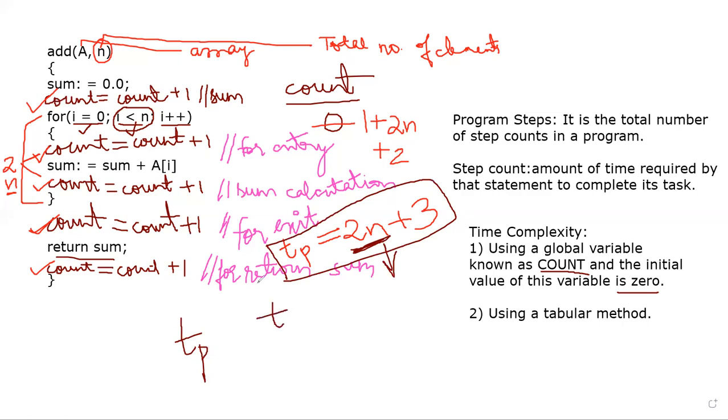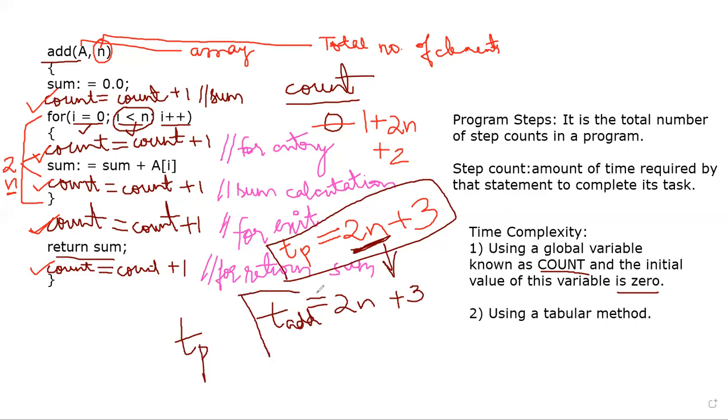For our program, what is the name of our program? It was add. So you can write t of add, t with subscript add, equal to 2n plus 3.